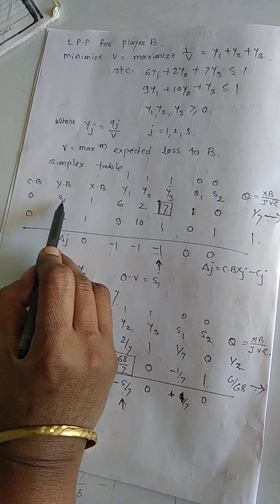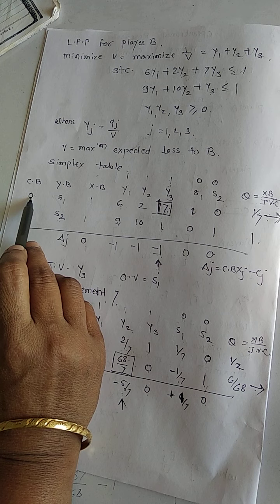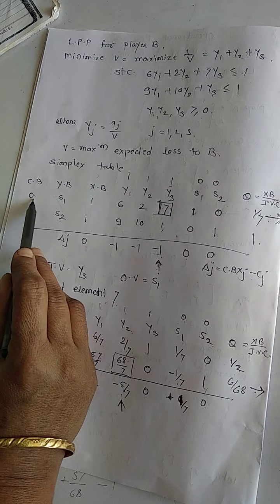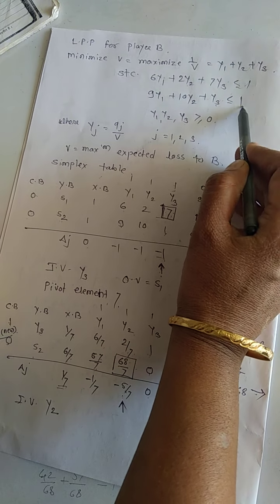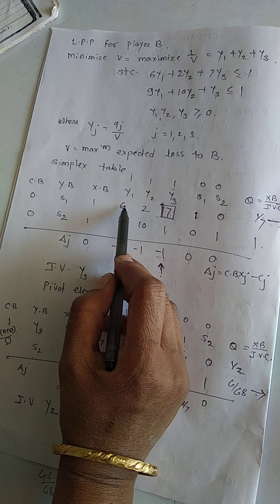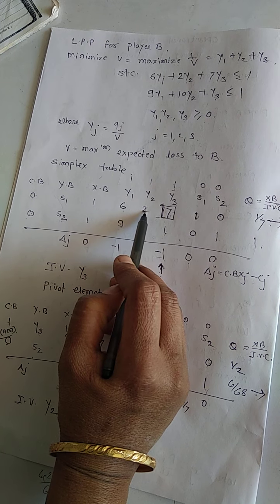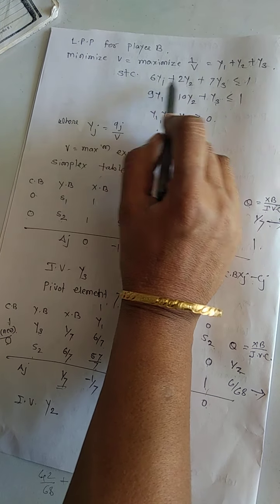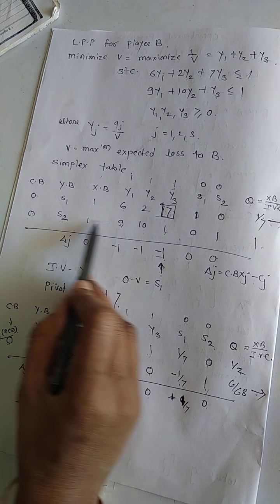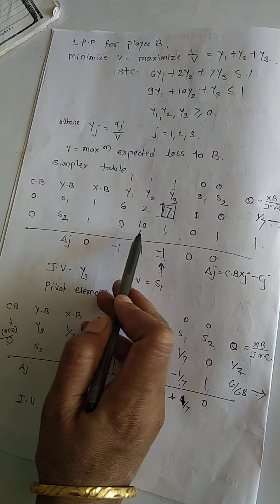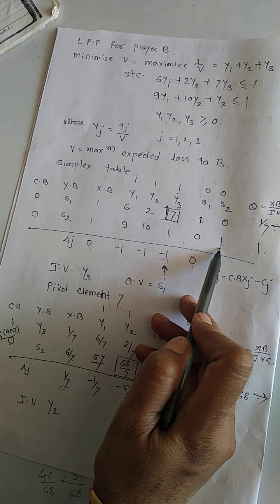Slack variables S1 and S2 are basic variables, and their value in the basic equation is 0, therefore here 0, and here 1, 1 means the right side of the equations. In the first constraint, the value of y1 is 6, y2 is 2 and y3 is 7, and s1 is 1 and s2 is 0. In the second constraint, y1 is 9, y2 is 10, y3 is 1, s1 is 0 and s2 is 1.